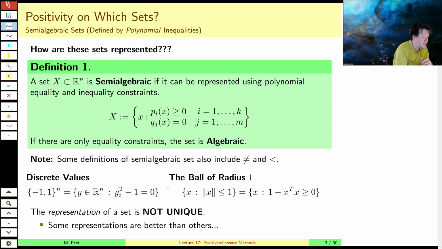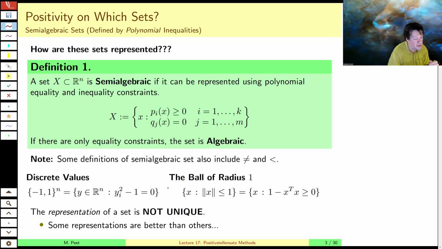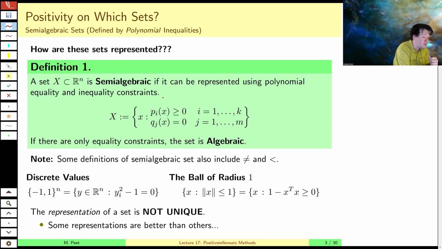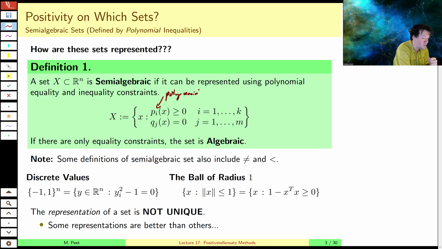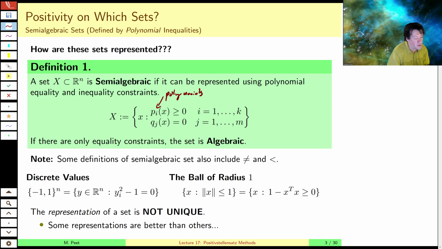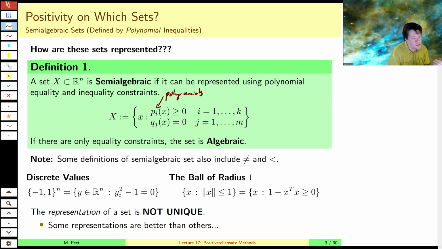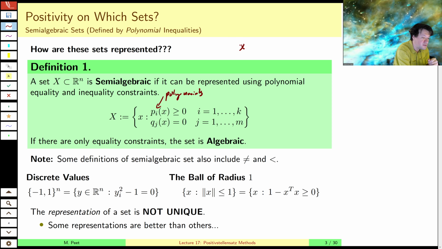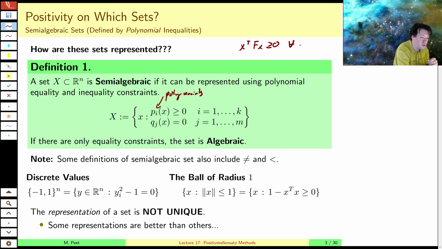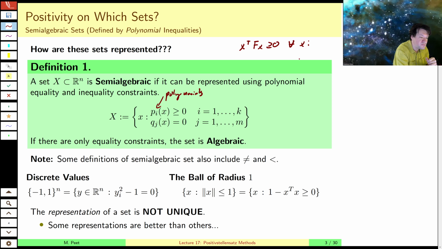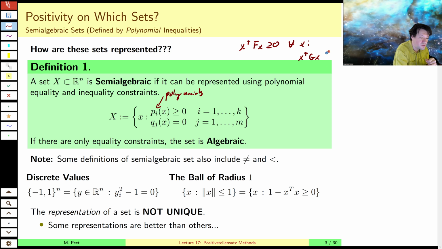So a semi-algebraic set is one, very simply, which is defined by a finite number of inequality constraints, where the left-hand sides are all polynomials. That's a very general representation. In, say, the S-procedure, for example, it was defined by quadratic forms. Remember the S-procedure, x transpose f x greater than or equal to 0 for all x such that x transpose g of x greater than or equal to 0.